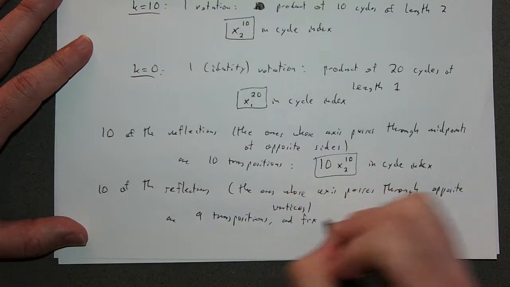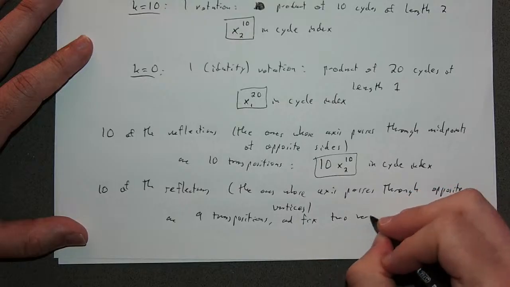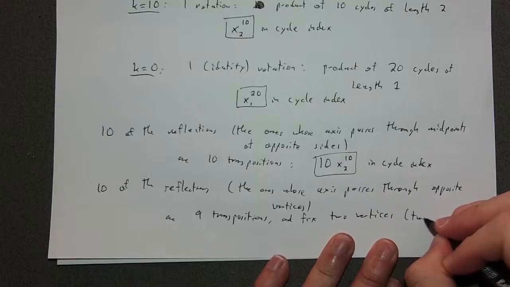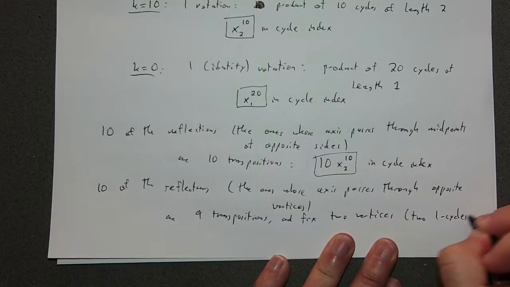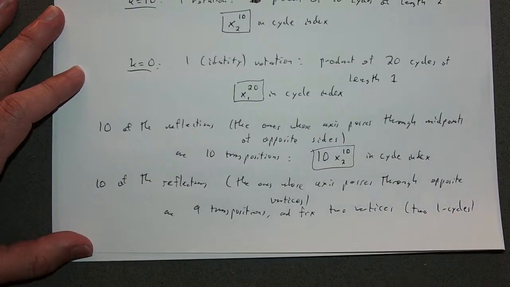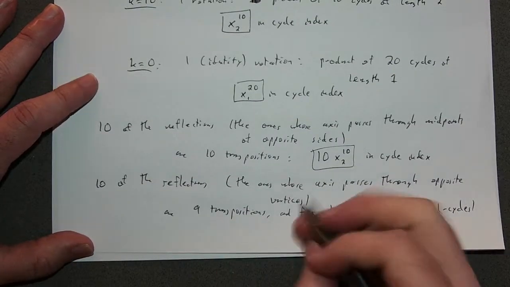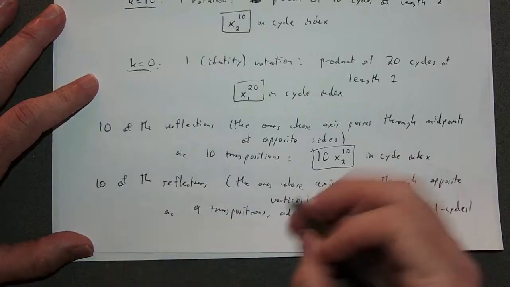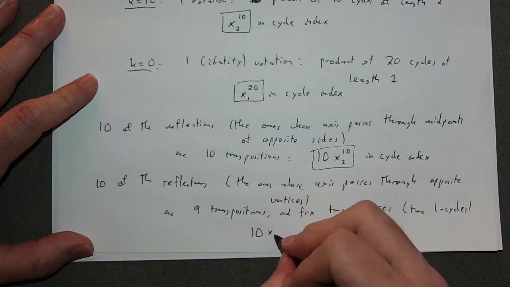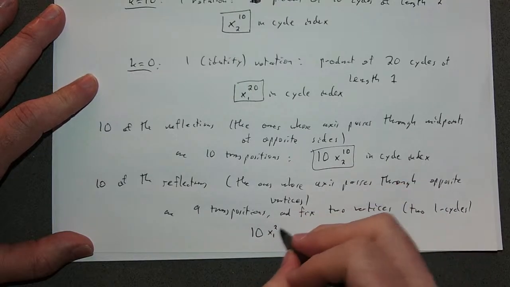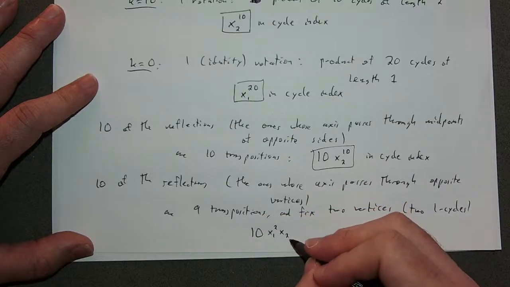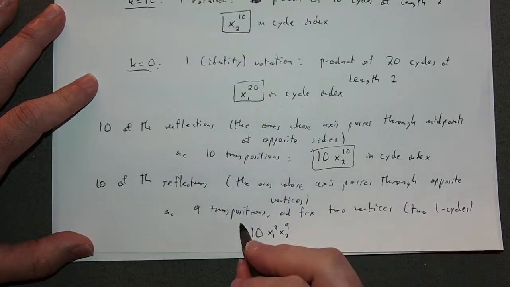And fix 2 vertices. That is 2 1 cycles. When you write that out in the permutation, the 1 cycles will tell you what vertices are getting fixed here. What does that contribute? There are 10 of these, so this is 10. There are 2 vertices that get fixed, so they have length 1, and there's 2 of them. And then there's the 9 transpositions. The transposition is a cycle of length 2, so this is x sub 2, and there's 9 of those. So that is what is contributed.